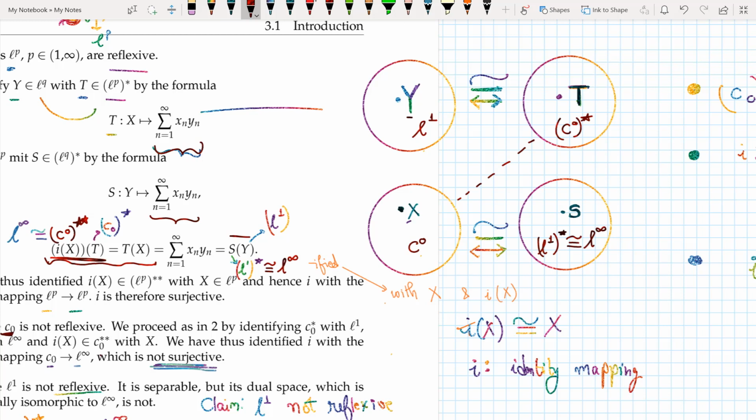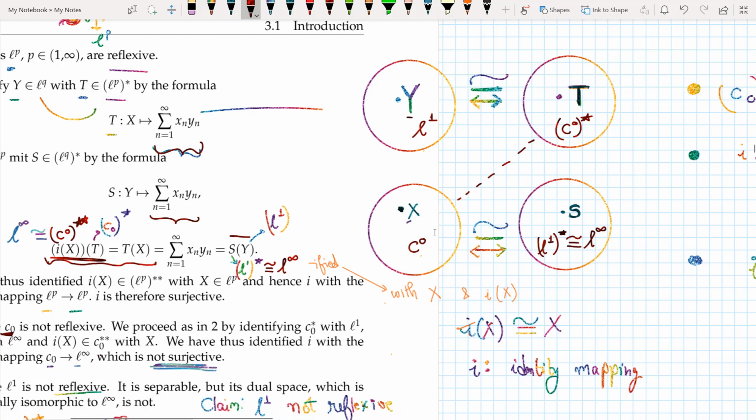And thus I have identified I of x, which is in C0 star star, because it's applied to an element which lies in C0 star. I have identified this with L infinity because my s is in L1 star, which is isometrically isomorphic to L infinity. So I of x is identified with L infinity.